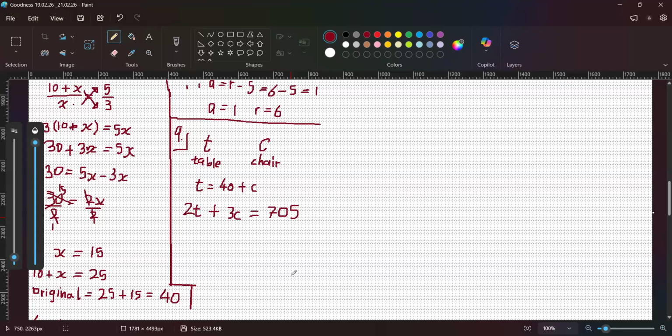Substitution. Good. So let's get a hang of substitution too and see how it can favor us. Based on equation one, substitution means anywhere I see T, that's the subject of my formula there, anywhere I see T in equation two, I'm going to put 40 plus C.